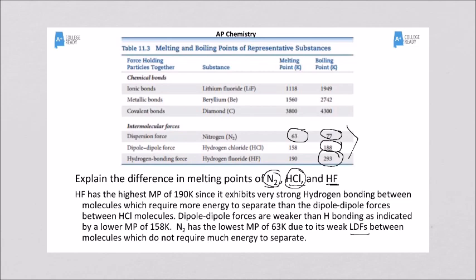So that's why it has a higher boiling point or melting point, due to those being a stronger force of attraction in this case than the LDFs between the nitrogen molecules. And then last of all, HF is eligible for hydrogen bonding. It does have the highest melting point or boiling point due to the strong hydrogen bonding between the molecules, which takes a lot more energy to break or separate.